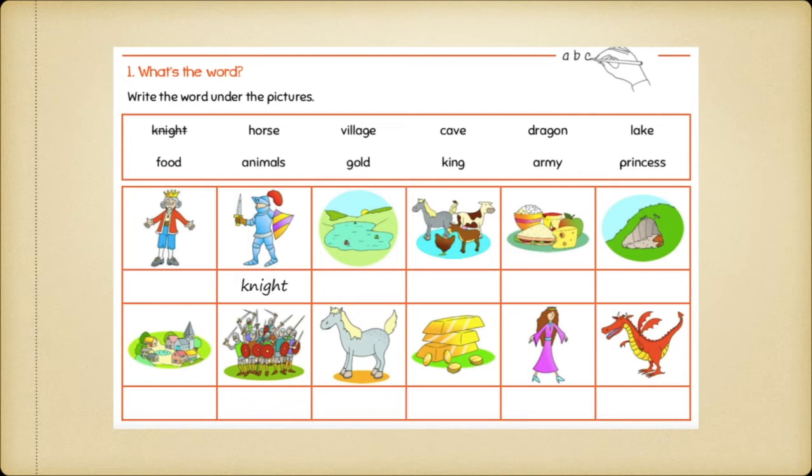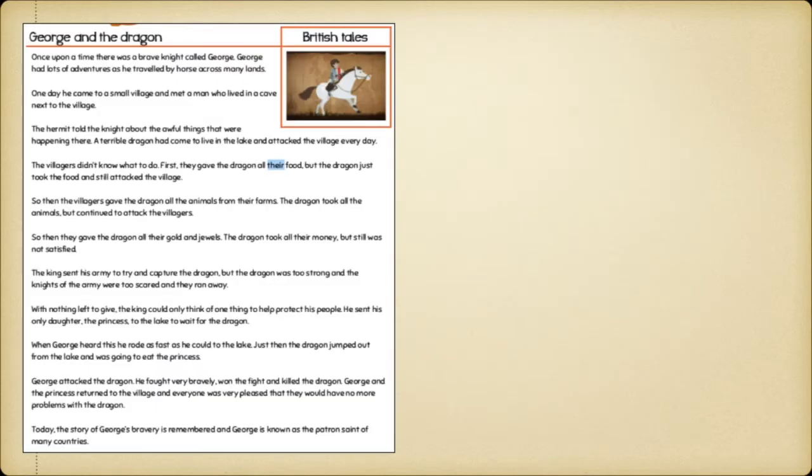All of those words appeared or were used in the video. So this should be quite a straightforward task for you. So match the word with the picture. I'm going to move on. You can always press the pause button if you like. Now you can get this worksheet from the Year 3 folder if you'd rather do that first before doing the activity.